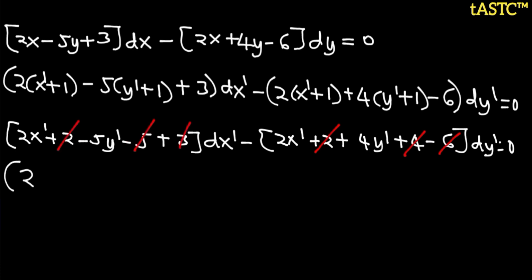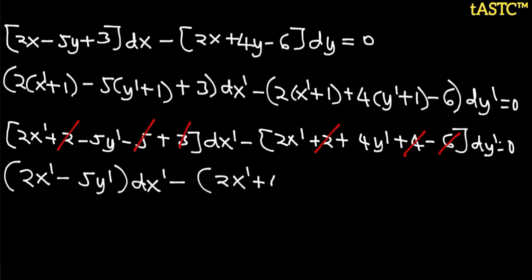So we would actually have 2x prime minus 5y prime, multiplied by dx prime. On this side, we're going to have 2x prime plus 4y prime, and this is multiplied by dy prime. That is equal to 0. So this is now what we have.